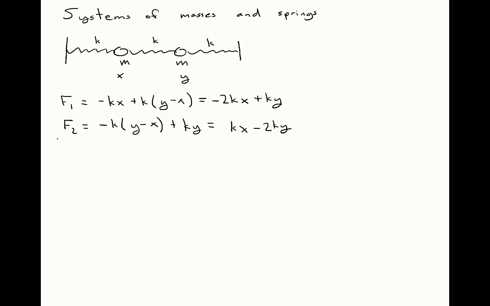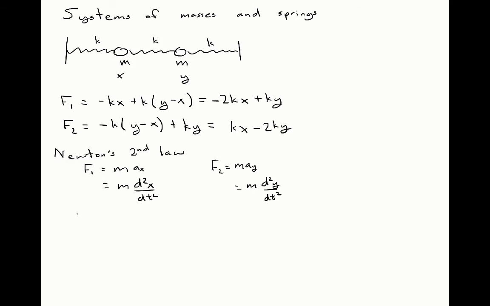The next thing we're going to do is go back to Newton's second law. So this first force equation is equal to mass times the acceleration in terms of x, and our second one is our acceleration in terms of y. And remember, acceleration is the second derivative with respect to time.